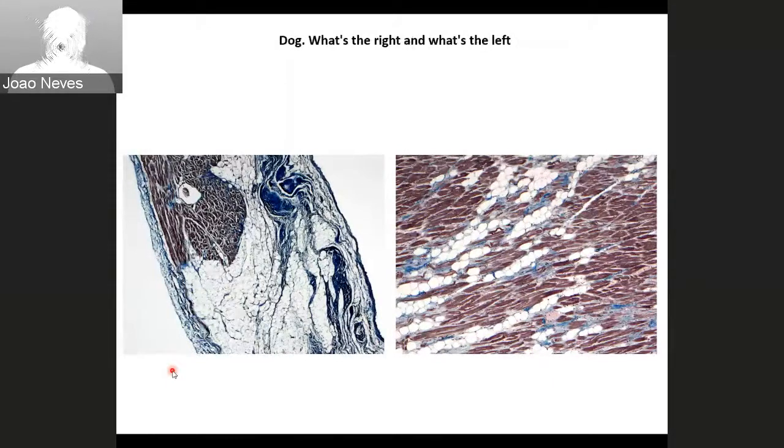Well, it depends, but in some dogs it was just in the atria, and in some dogs it was in both. But in those dogs with lone atrial fibrillation, there were some where it was just in the atria.